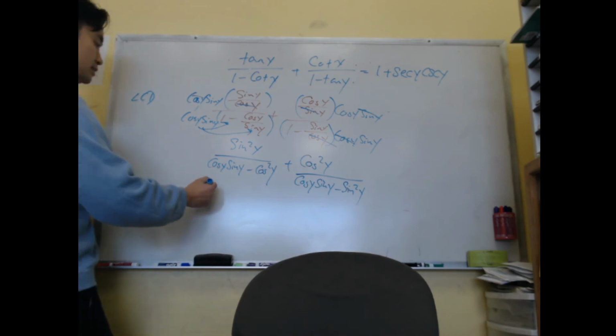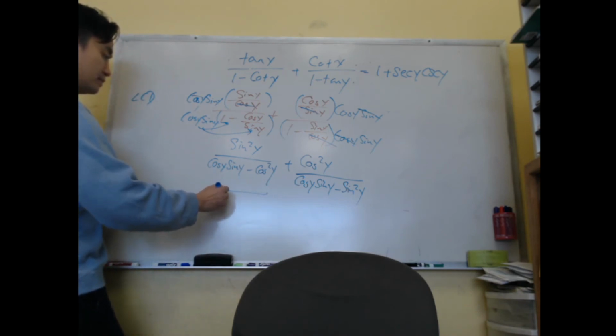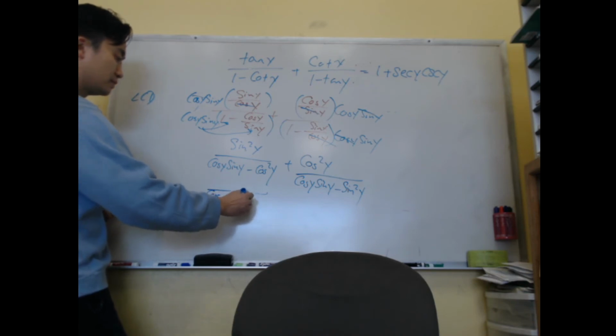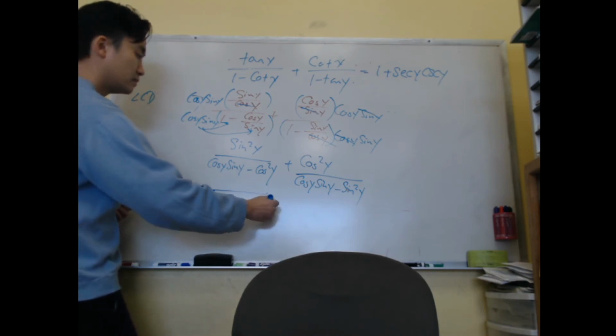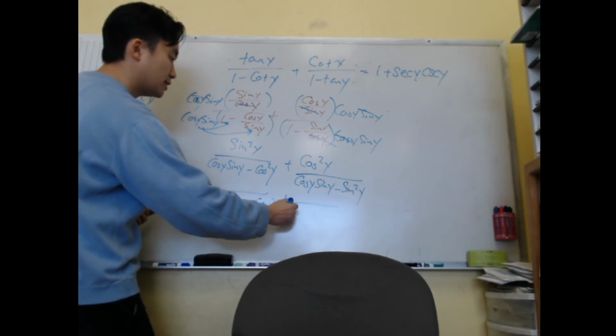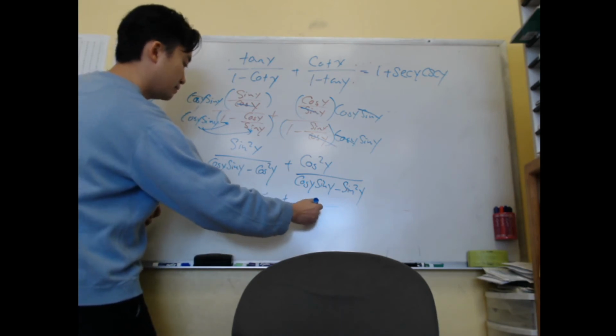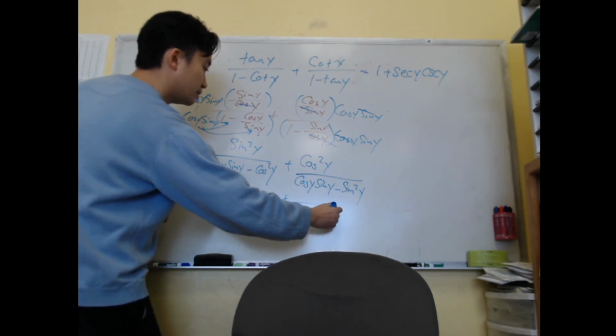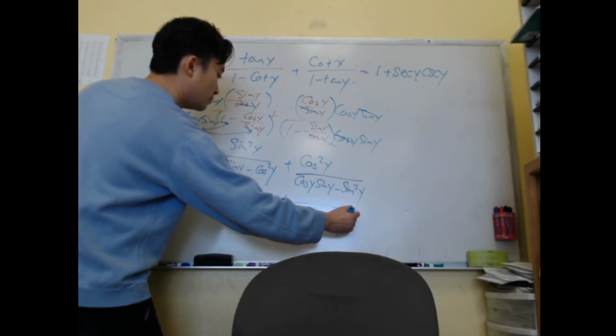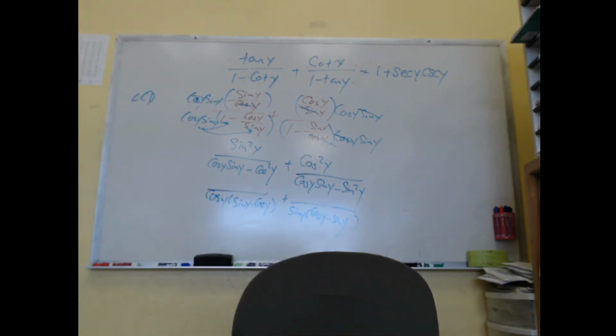So what happens if I put it this way? Then the other one, you got sine y. What's the common denominator here? See that this two part, they're pretty close. If we swap them, it's just what?